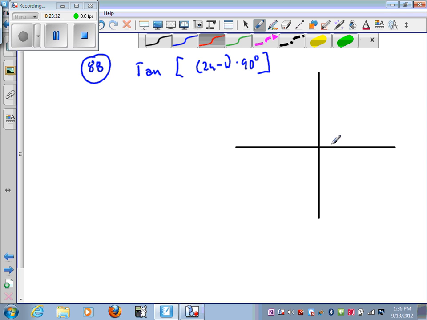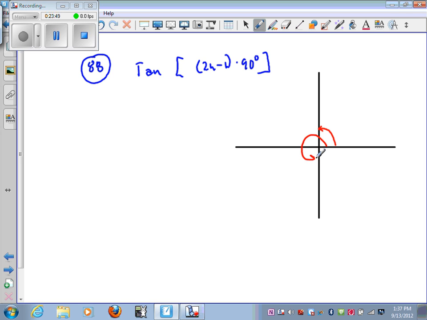So an odd number is 1. So if we started out on the initial side here, odd number we'd be at 90. Now the next odd number is 3. If I took 3 times 90, I'd get 270. So the next angle I would be at is here.